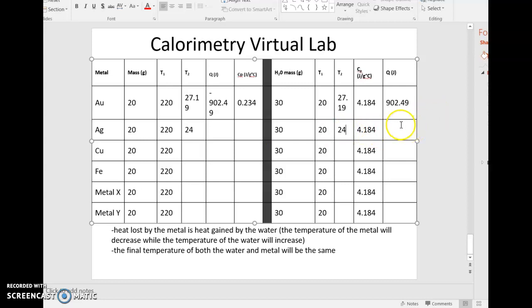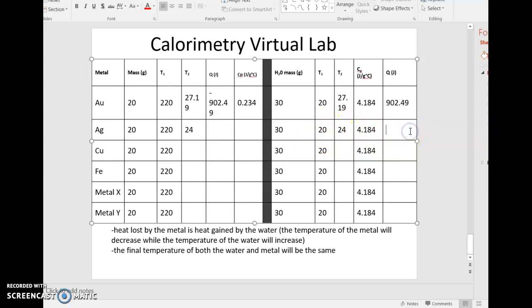Again, I can calculate how much heat energy was gained by the water. The water increased its temperature, so it gained heat energy. So heat energy, Q, is equal to the mass, 30, times the specific heat of water, 4.184, times the change in temperature, T2 minus T1. It went from 20 to 24, so that's a difference of 4.